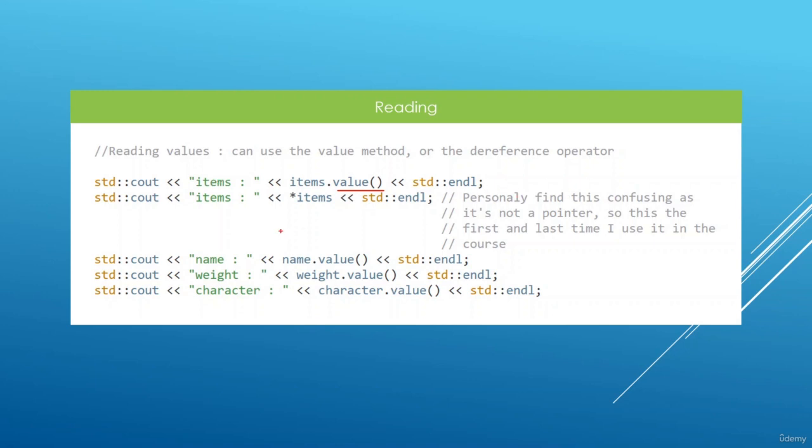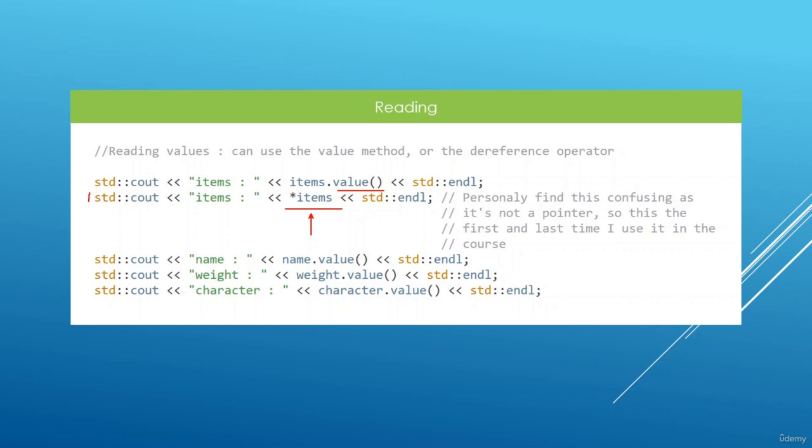And we're going to see it printing on the console here. Another way we can do this is to dereference our variable, and this is just a way to mimic the usage of pointers with std::optional variables. You can use this and it is going to work, but I personally find this confusing as std::optional is really not a pointer. So somebody is going to look at this and think you are dereferencing a pointer, but you will be trying to read the value from an std::optional variable.